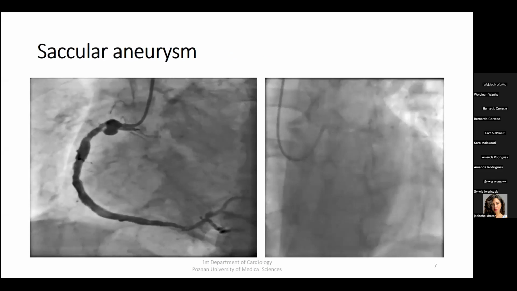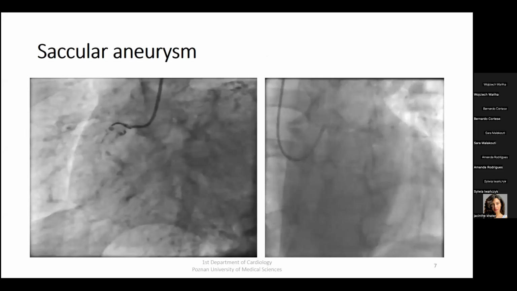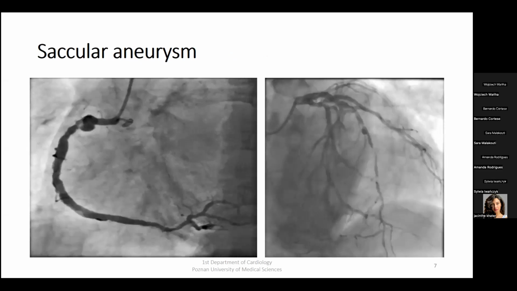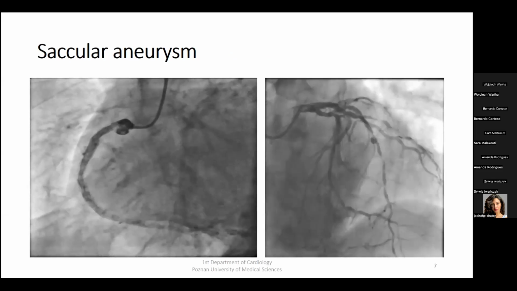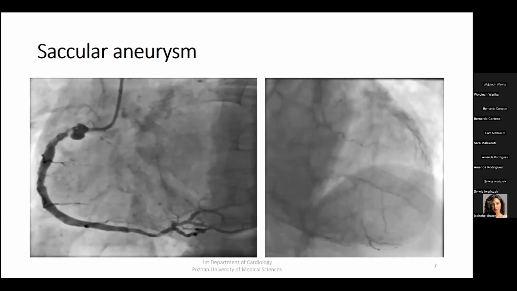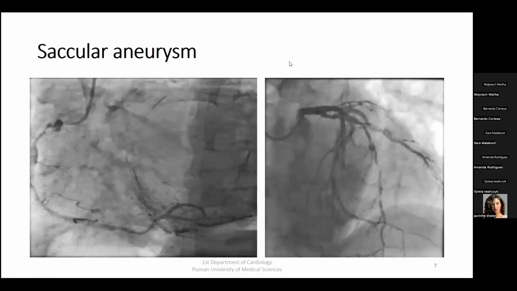And another advantage, there are two other advantages, in my opinion. One is that you can actually see, if you don't have a CT scan done previously, the thickness of the wall in the aneurysm, which can be correlated to a potential risk of rupture. So we can have some additional information which goes on top of what the luminalography is able to provide us.